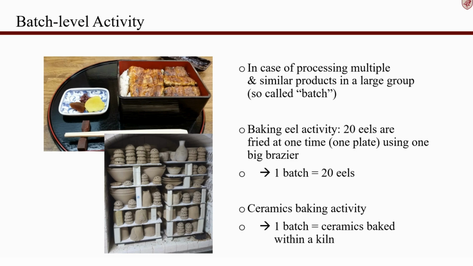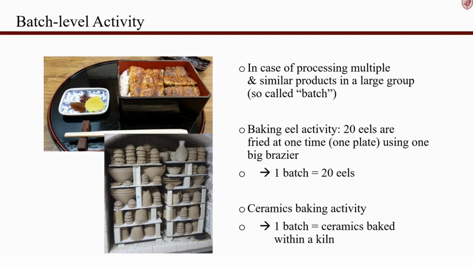Ceramic baking activity is also based on batch level rather than based on units of ceramics baked. Because when you are baking ceramics in a kiln, you don't bake just one single ceramic, but you bake, let's say, 20 or 30 ceramics all together within a kiln at a time.